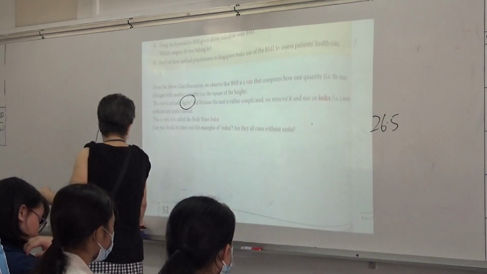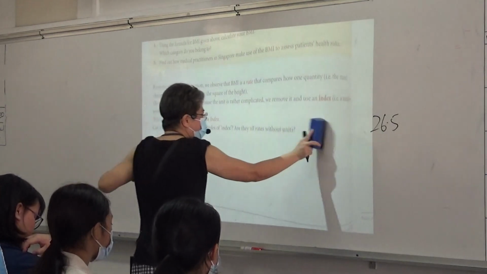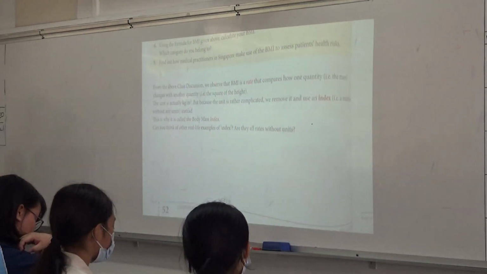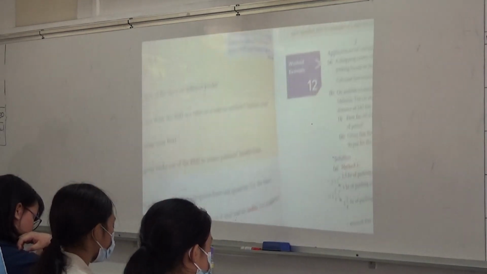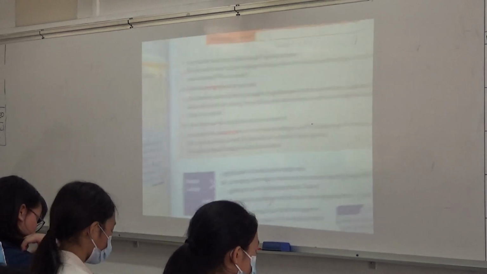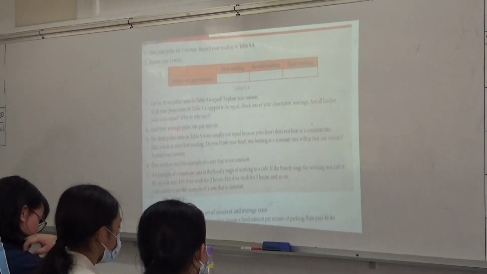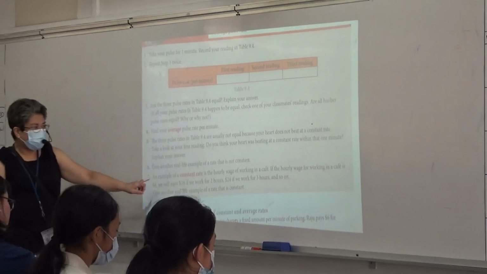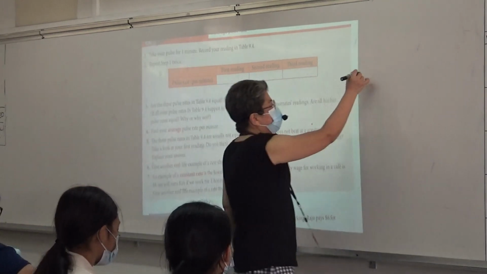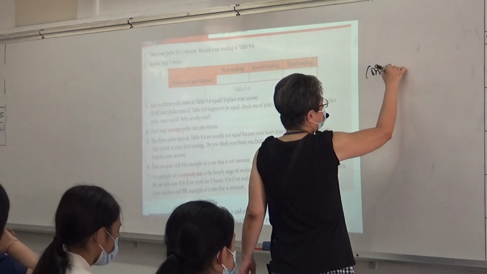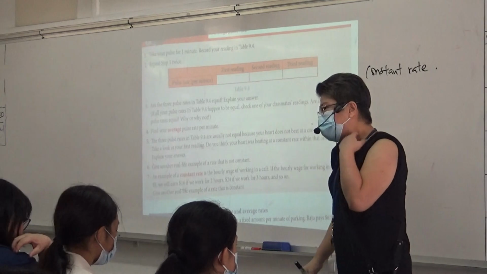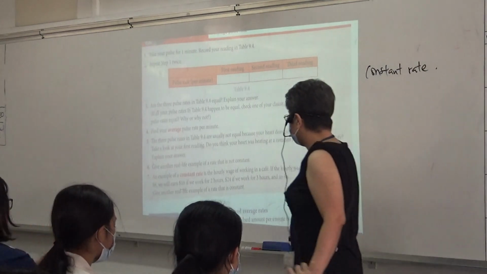Now, then there's something that I need to clarify with you. What do you mean by average rate and constant rate? Can you look at the next page, the activity there? I'm going to explain to you. I want to talk about constant rate first. What is constant rate? Now, all of you look at this statement.